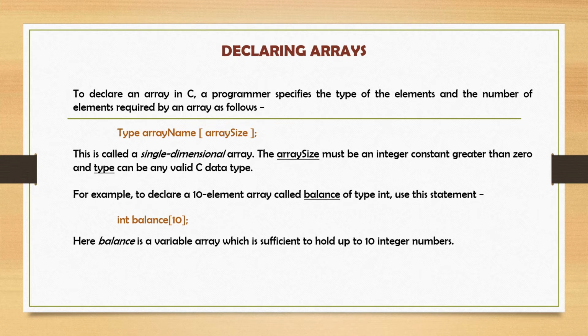For example, to declare a 10-element array called balance of type integer, use this statement: int balance[10]. Here, balance is a variable which is sufficient to hold 10 integer numbers.